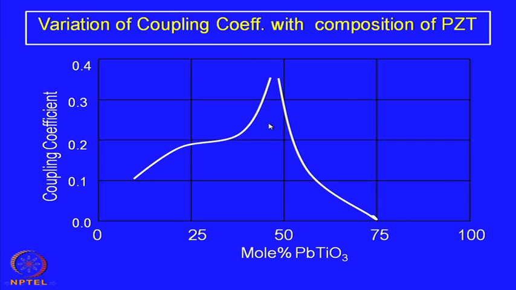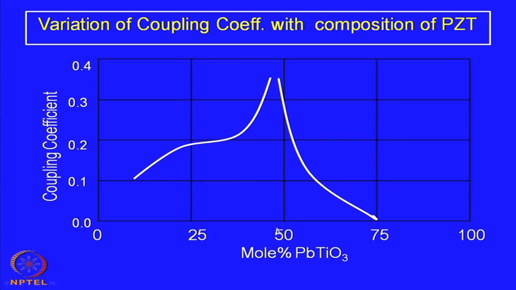So, that is the reason the composition of the morphotropic phase boundary at different temperatures is also important. We get a peak of the coupling coefficient at the morphotropic phase boundary. That means, when we are talking about PZT, although it forms a complete solid solution between 0% to 100% composition, either lead titanate or lead zirconate, a more useful composition is around 48-52.